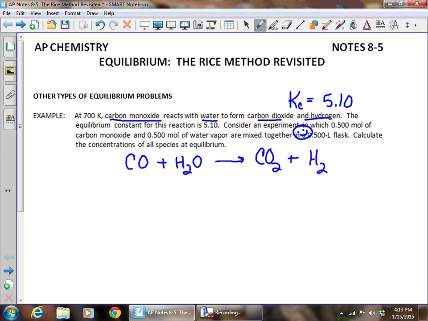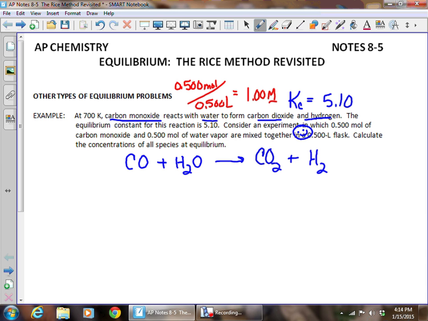So our first little side equation is going to be to convert that 0.500 moles per 0.500 liter flask into molarity, and it's going to be just 1.00 molar for each one of these.